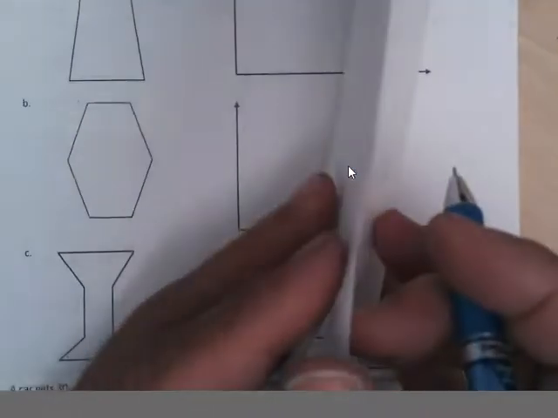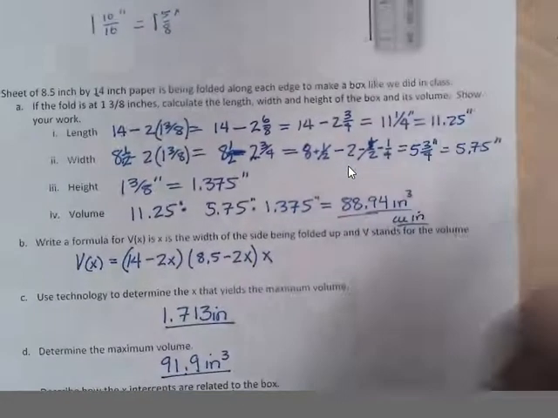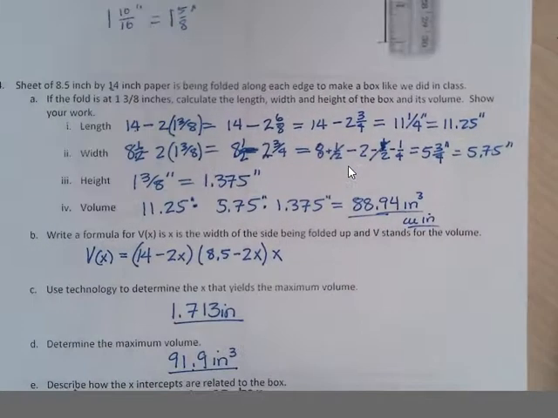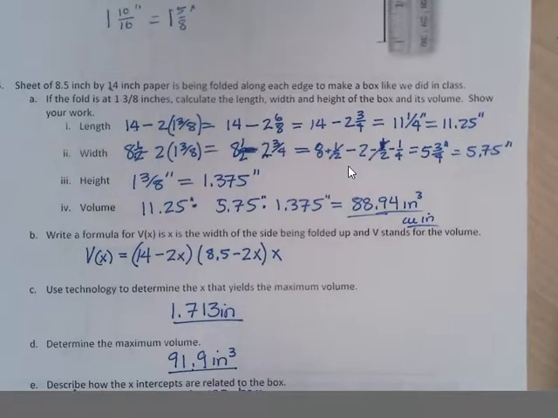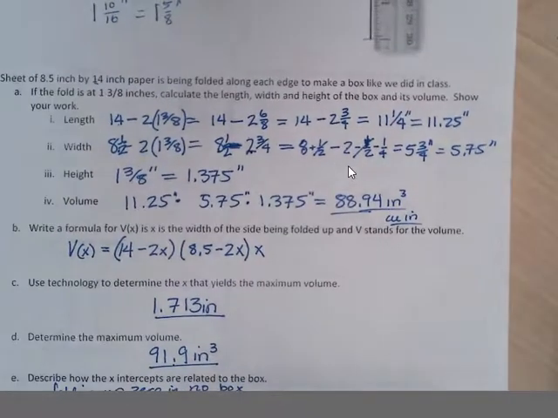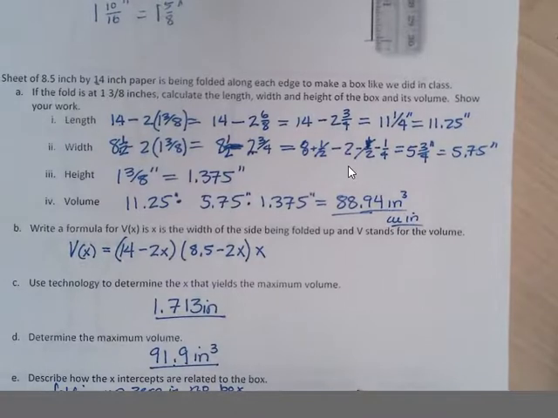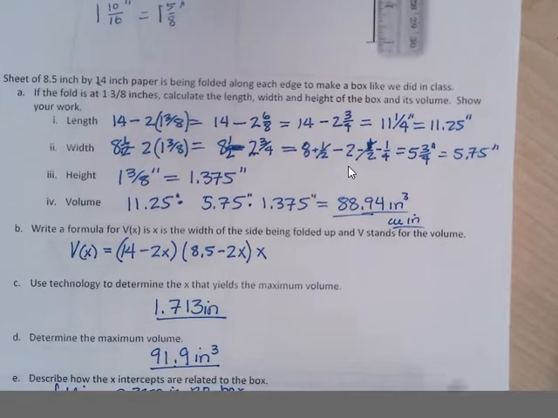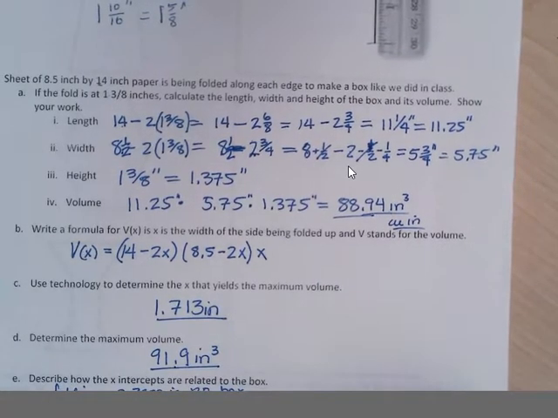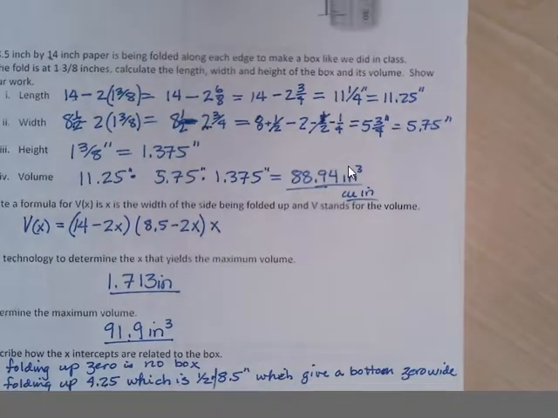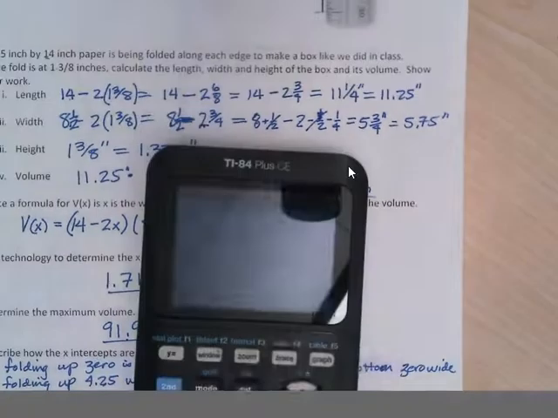It's like this piece of paper being folded 4.25 and 4.25, which is going to give you no bottom because it's going to be 0. Half of 8.5 inches gives a bottom 0 wide. That's why it says there's no volume on there.